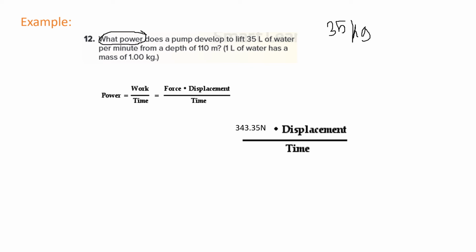How did I get 343.35? It's by multiplying this number by 9.81, which is gravity. F equals ma, which is Newton's second law, which says 35 kg times 9.81, which will give you 343.35 Newtons.